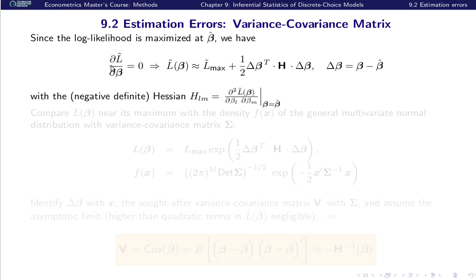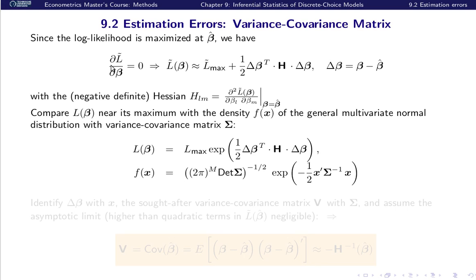So how does this help us? First, we go back not to the log likelihood, but the likelihood. That of course is just the exponential of the log likelihood. So instead of additive terms, we have multiplication.